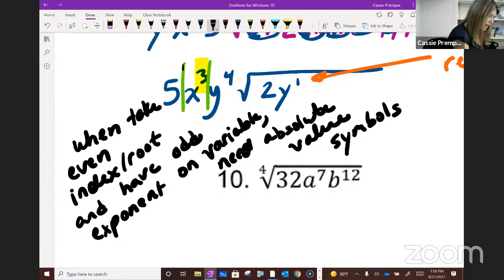So notice I have the absolute value around the x to the third because it was an even root and I had an odd exponent on the variable on the outside.